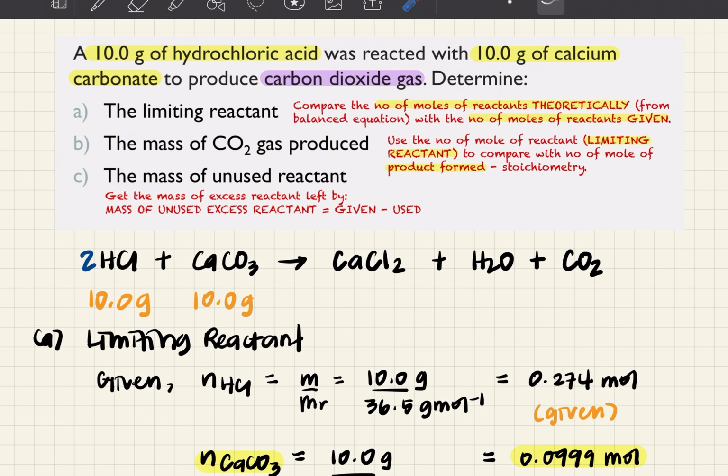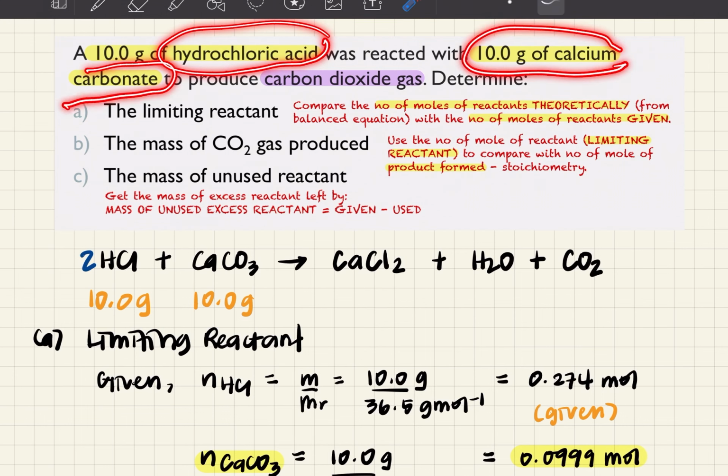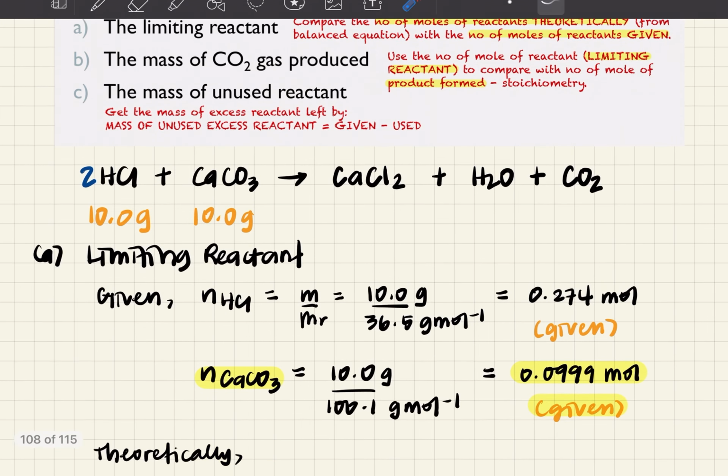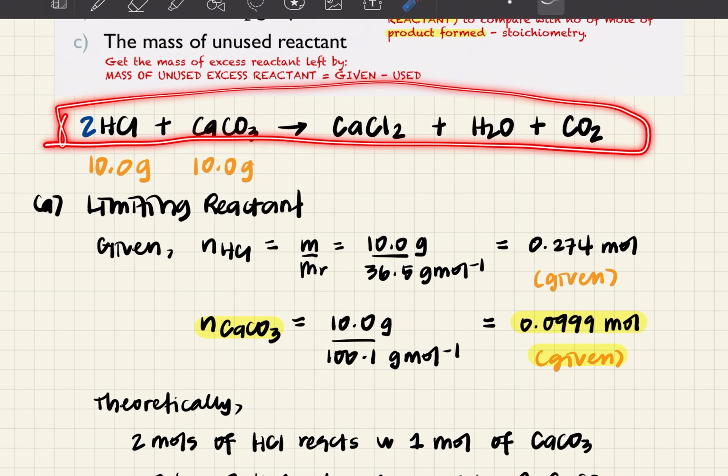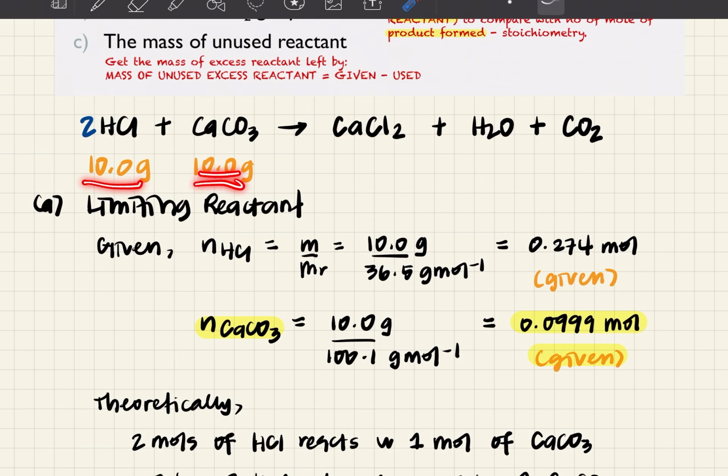Okay, so since we are given the mass of your two reactants here, we can easily find the number of moles of HCl that is given or available, and the number of moles of calcium carbonate. So what you're going to do first is balance the equation, write down the information, and make sure your equation is balanced.